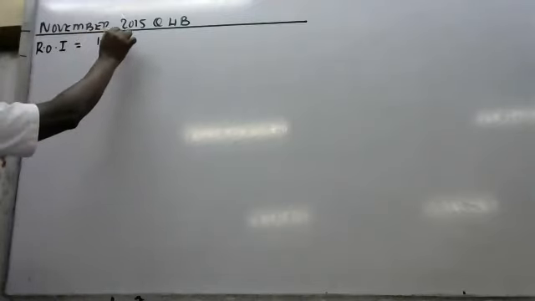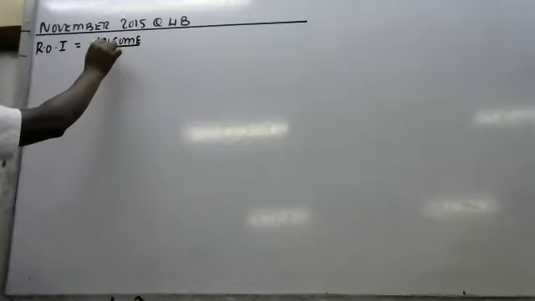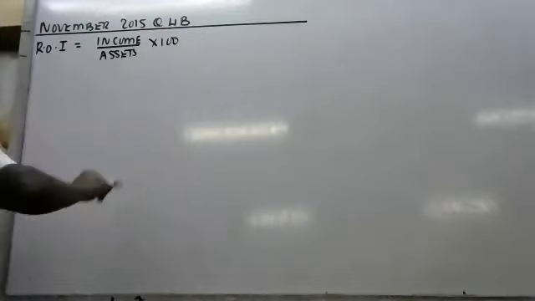So the first thing is to tell us, how do we get return on investment? Return on investment is given as income divided by the assets or capital, multiplied by 100.